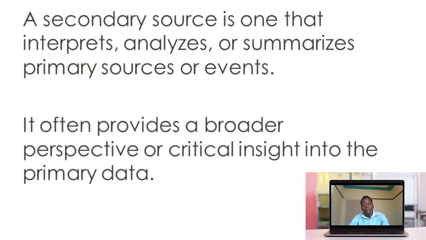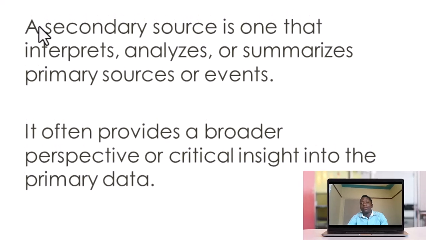We say that it often provides a broader perspective or critical insight into the primary data. From the primary source, you get the origin of what you want to get. In the secondary source, you will be able to get a broader understanding of the information that is behind what you have seen from the primary source.